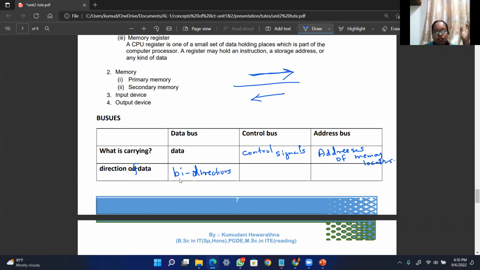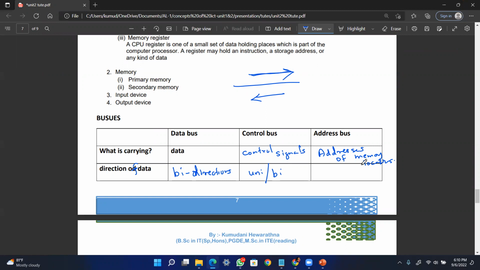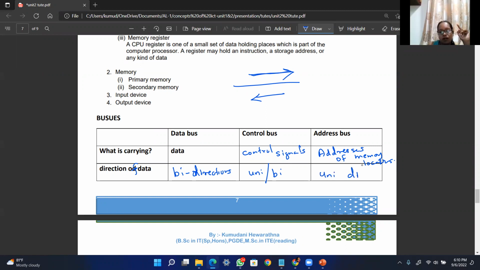Both directions are possible. Control signals, uni or bi? Some control buses carry control signals in one direction only, but some control buses carry control signals in both directions. Then address buses, unidirection. It's only one direction, unidirection only.